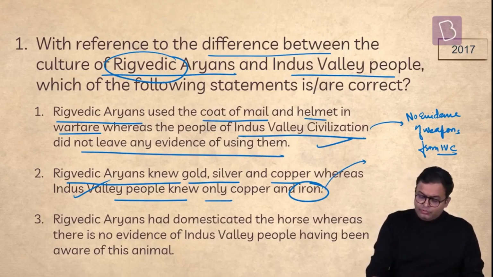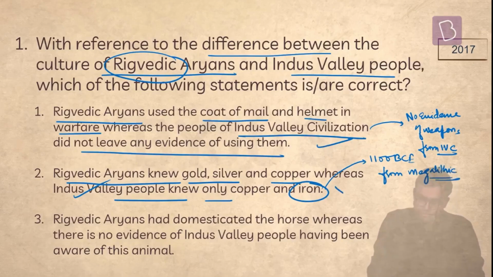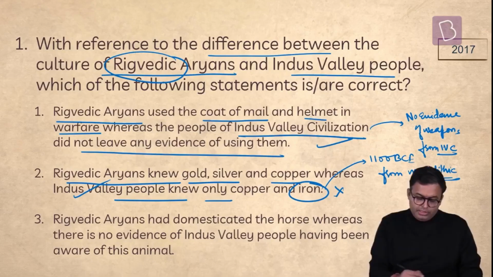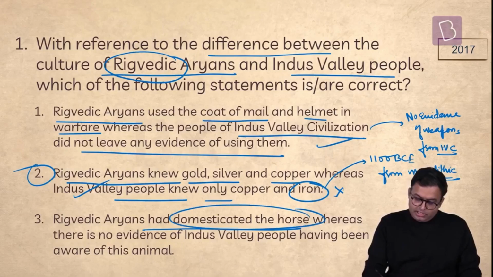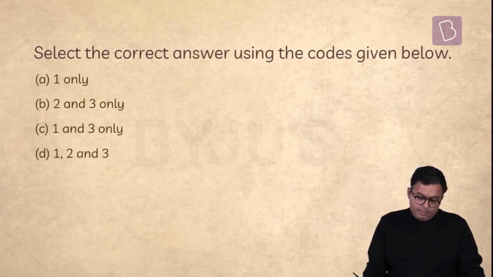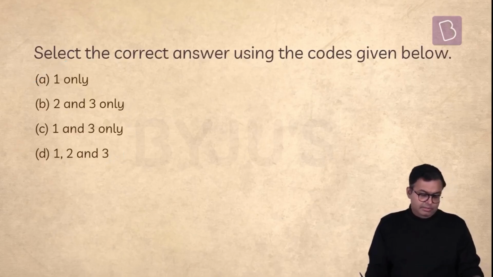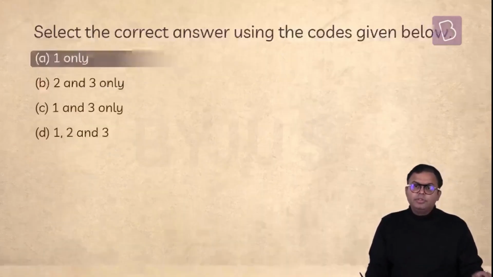The earliest use of iron was not until 1100 BC from megalithic times. So this is wrong. And if this is wrong, definitely the second will go. Rig Vedic Aryans had domesticated the horse. This is also wrong. So we can see that second, third are wrong, and first is the right answer.